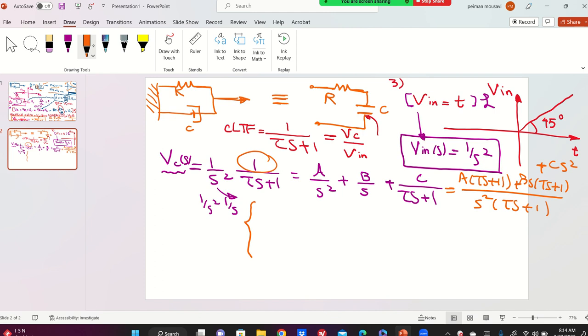It's going to have B tau s squared plus C s squared, so plus A tau s plus B s, plus A is 1. This A is 1. Understand?